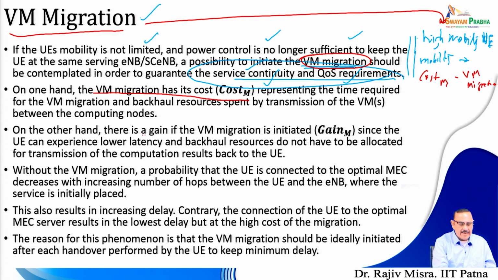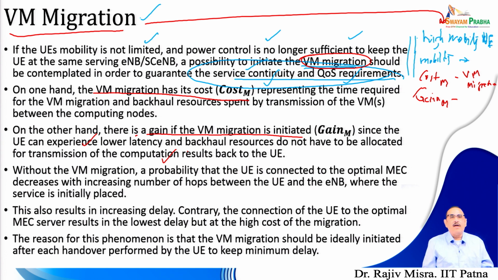On the other hand, there is a gain if the virtual machine migration is initiated, called gain due to the virtual machine migration, since the user equipment can experience lower latency and backhaul resources do not have to be allocated for transmission of the computation results back to the UE. So, therefore, there is a gain.